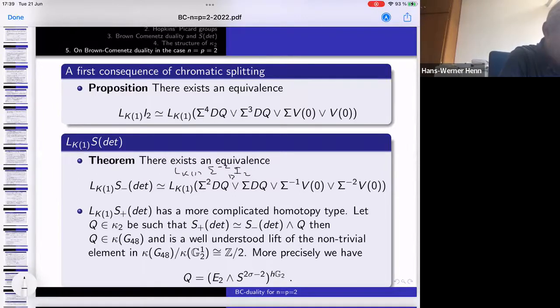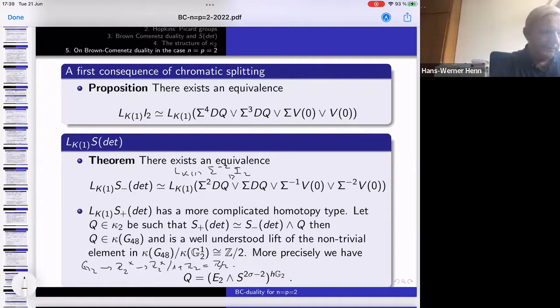And the Q is actually given by: you take E2 smash the spectrum S2 sigma minus 2, with the representations for S2 sigma minus 2, there's a homomorphism from G2, and then you divide out by 1 plus 4C2, so that's the sigma 2.